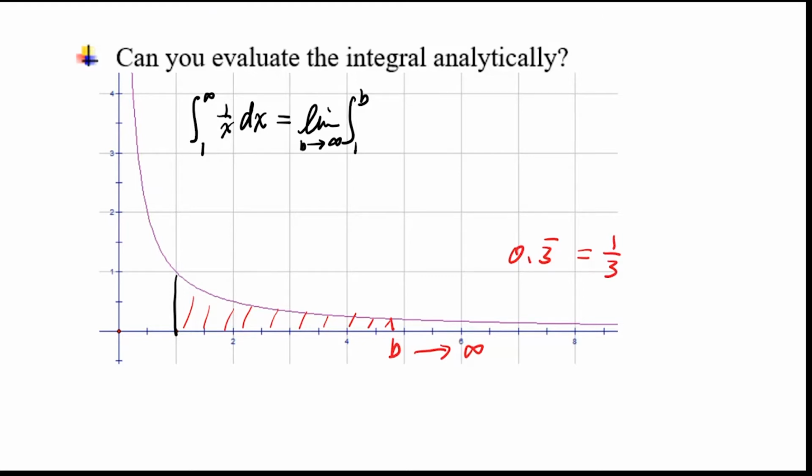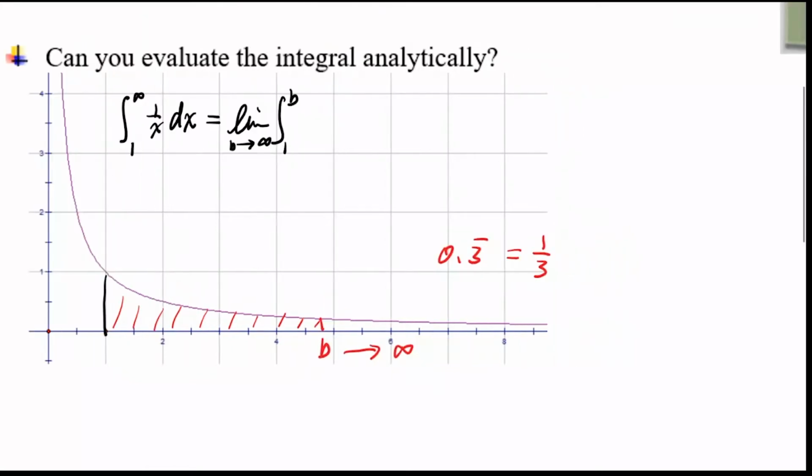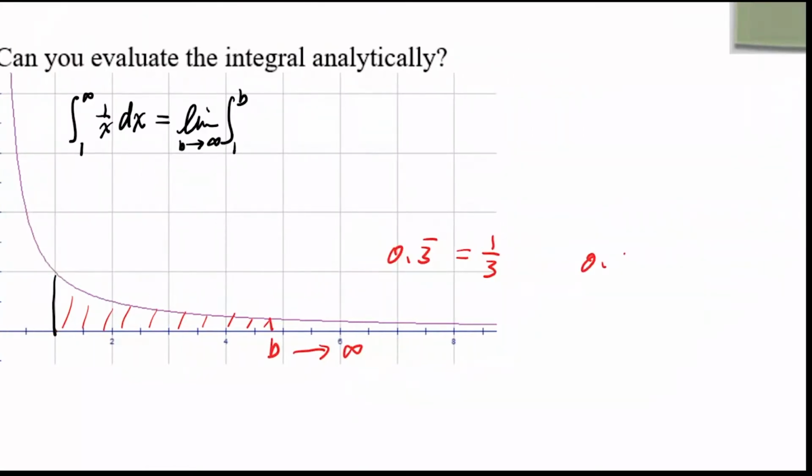Not are they equal or are they not equal? Wait, we never talked about this? Let's talk about it. Okay, this versus this thing, 0.9 repeating, is it equal to 1? Or is it slightly short?